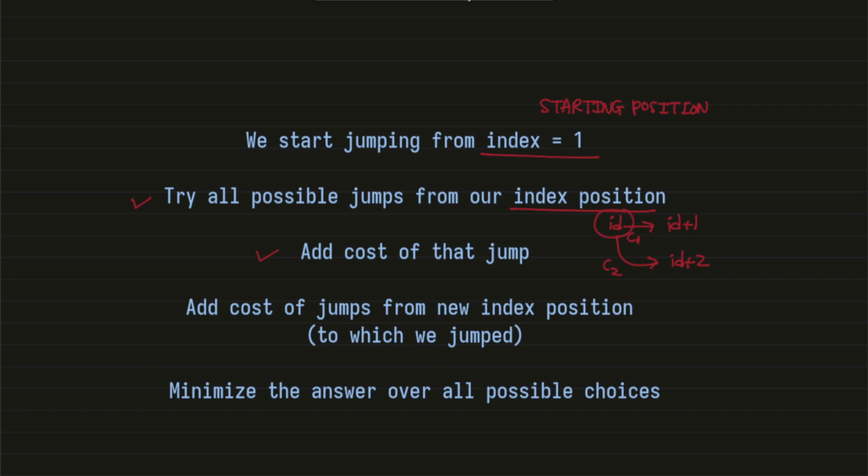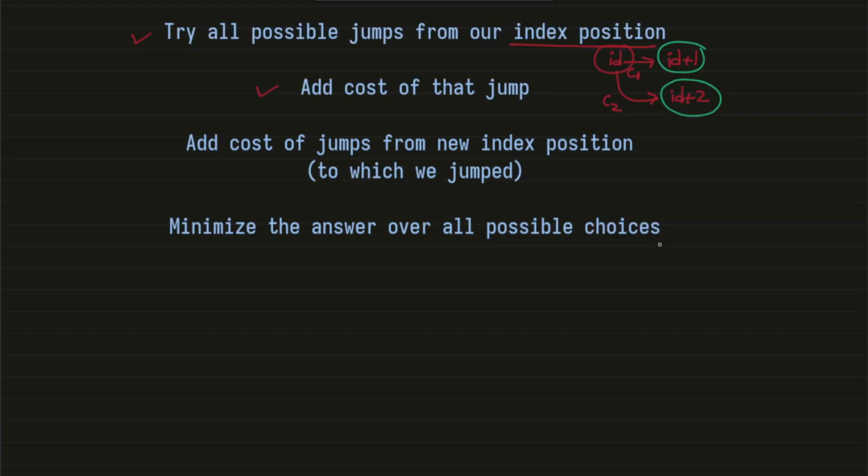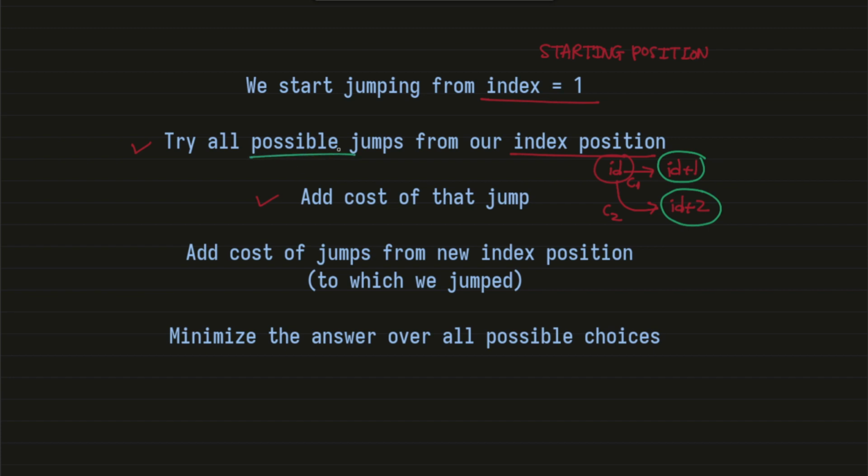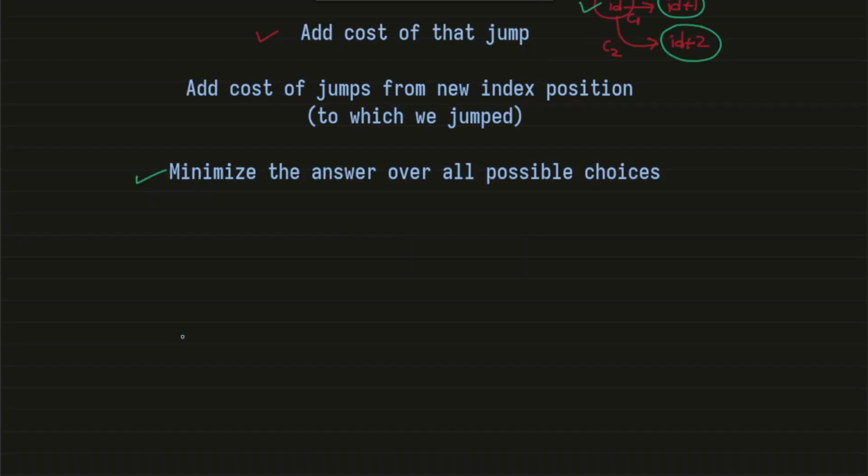So from id we will move on to id+1 or id+2, and we try all possible jumps and take their individual costs as well as the cost to arrive or start at a particular index id. Next, we will try to minimize the solution over all possible choices.